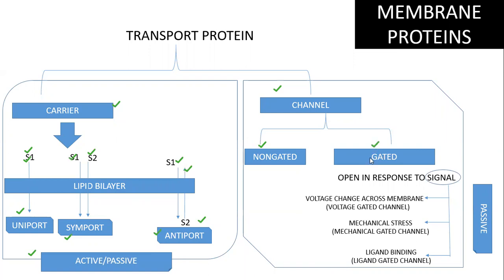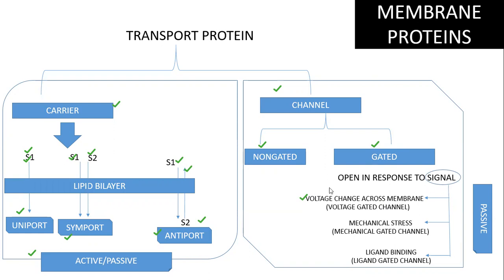And some are gated. This gate will open only in response to a specific signal. What are those signals? If there is any voltage change across the membrane, then the gate will open and allow the solutes to enter.